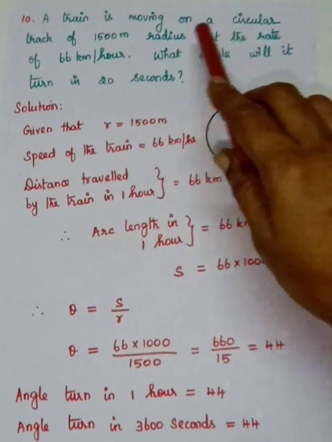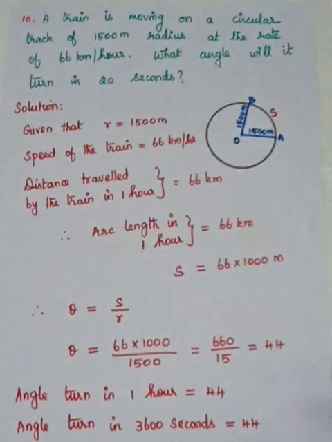Okay. At the rate of 66 km per hour, the train is moving. So 66 km per hour, that is the speed of the train. Or we can interpret it this way: within 1 hour, the train has to cover 66 km in the circular path.